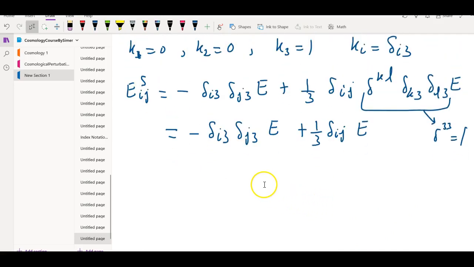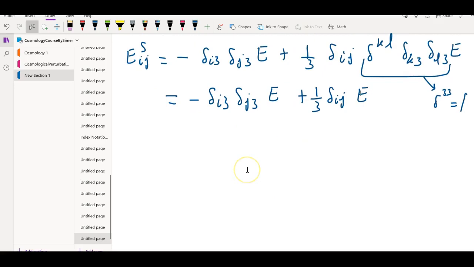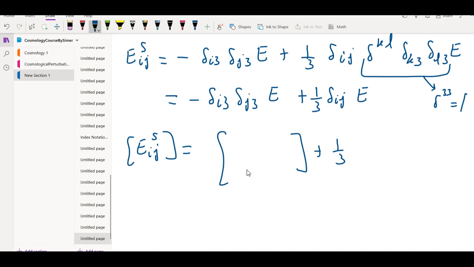And now remember that we are in the Fourier space. So I can split this Eij matrix into two parts. This part is simple. This part is going to give me E by 3, E by 3, E by 3, 0, 0, 0, 0, 0, 0.